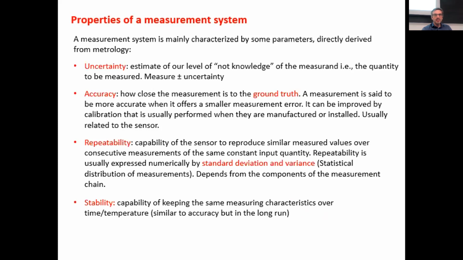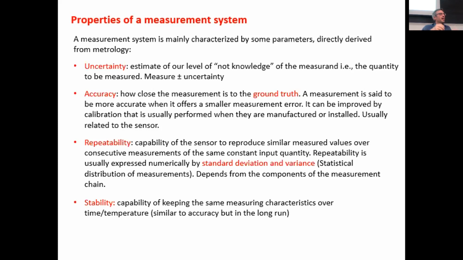Then stability is like repeatability, but in the long run. So how our measurement system is able to do the same measuring over time. Let's say after a while your sensor gets warm. We had this problem when we created an impact force sensor for the foot of the robot. The robot was walking and each impact was introducing energy in the small strain gauge, which is the force sensor, as we will see in how we design force sensors.